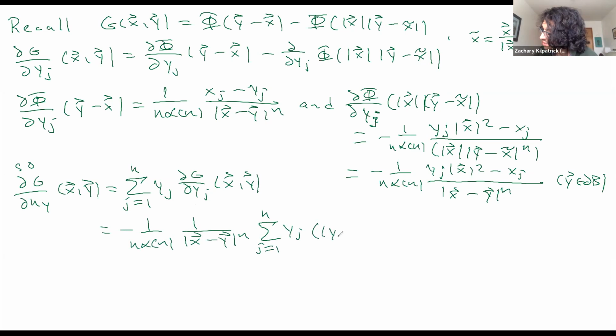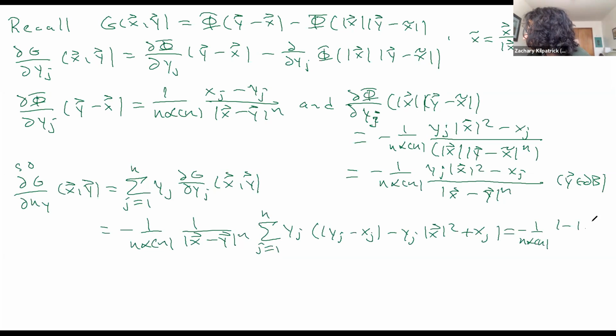And now we have all these terms, yj minus xj minus yj x squared plus xj. We can collapse this to minus 1 over n alpha of n, 1 minus the magnitude of x squared, divided by the magnitude of x minus y to the n, okay?